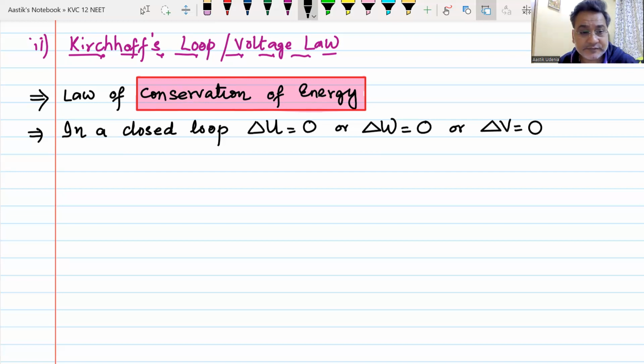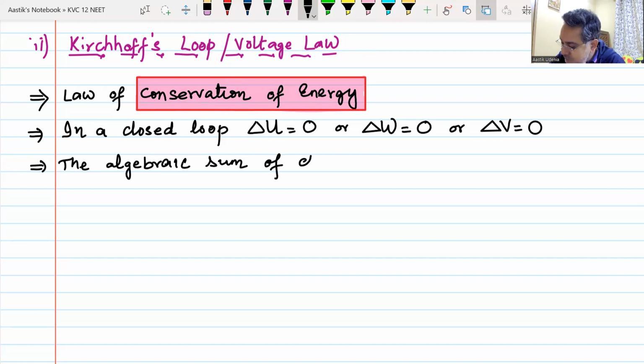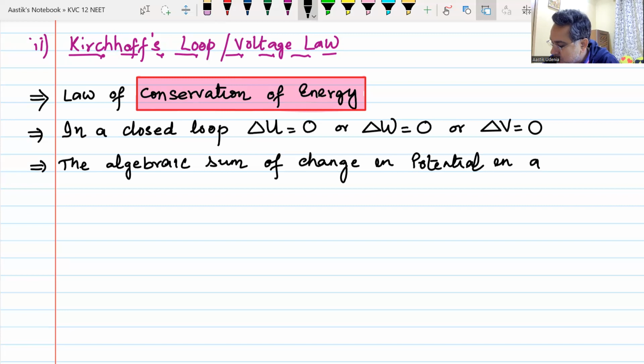The algebraic sum of change in potential in a closed loop is zero.